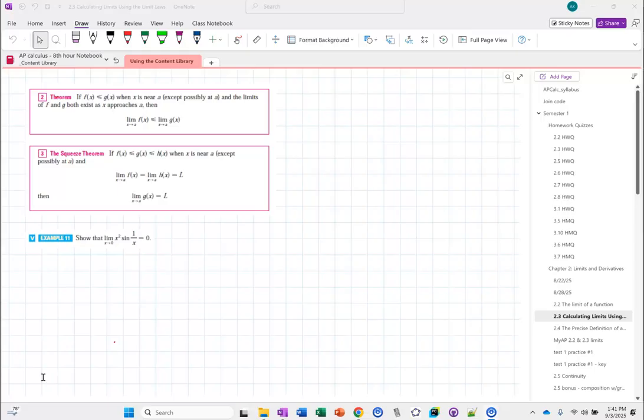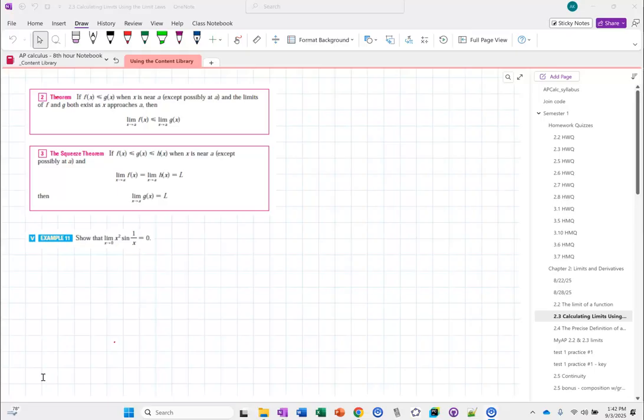What the squeeze theorem says is that if we have a string of functions, f of x less than or equal to g of x less than or equal to h of x, notice that g of x in the middle is bounded below by f of x and bounded above by h of x. And that inequality holds at least in the neighborhood of some value a, except possibly at a, where one of them might be undefined.